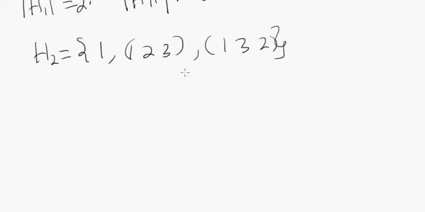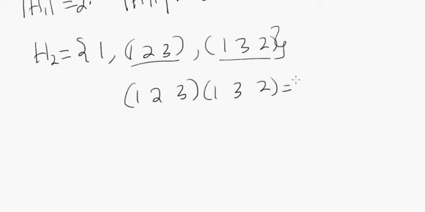Is this thing closed? All we need to check is whether (1 2 3) times (1 3 2) gives us some element that's still in H2. Let's check that: (1 2 3) times (1 3 2). Well, let's see. 1 goes to 3, 3 goes to 1.